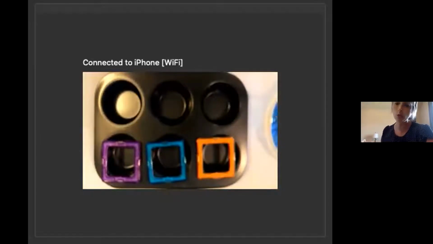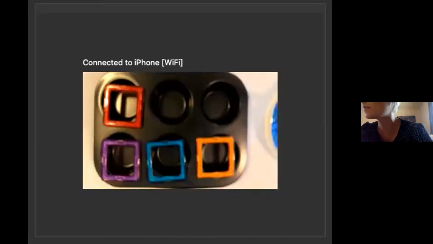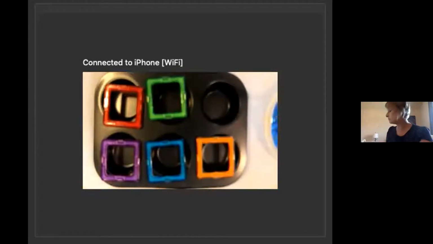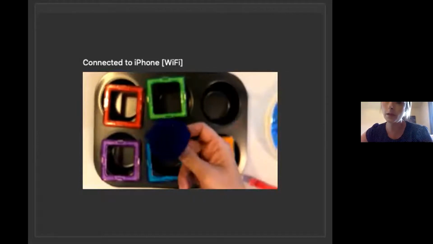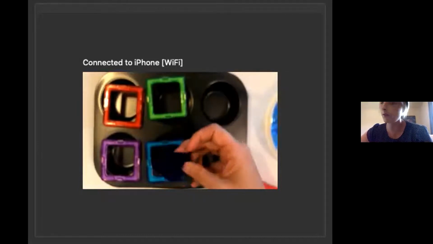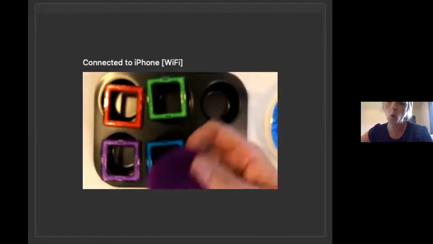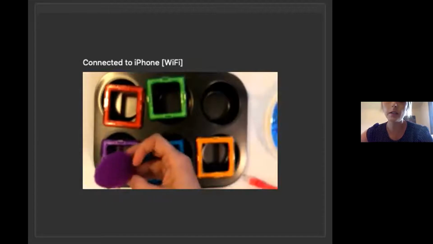I can do 1 or 2 colors. I can do all 6, whatever's preferred, or whatever your kiddo can do. You can grade it up, you can grade it down. And then I had these fuzzy balls that I could use for the sorting. I felt safe with those because the kids, they put them in their mouths. They can't swallow them quickly. They're just safer than coins or beads or anything like that.